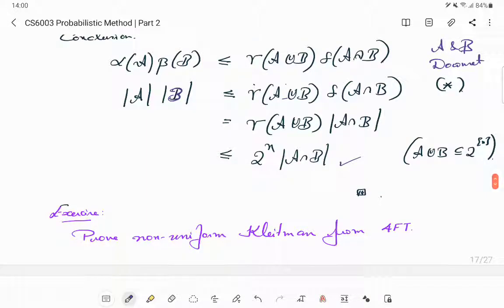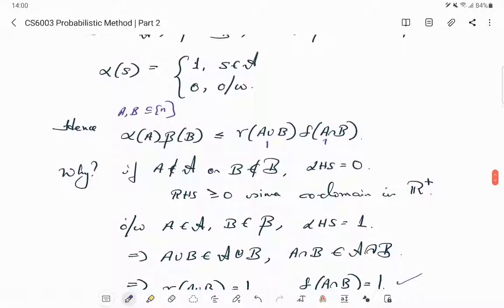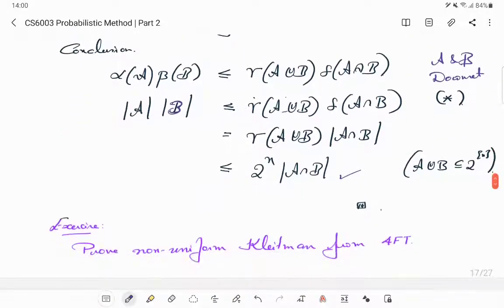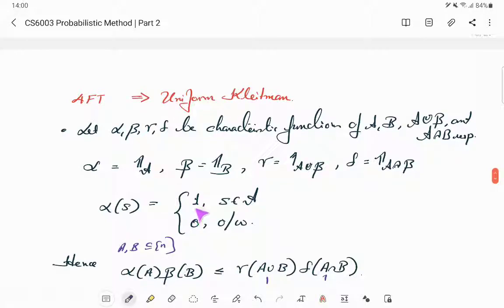Okay, so as an exercise, this is a slightly difficult exercise. You can prove the non-uniform Kleitman also using just the 4 functions theorem. If you are stuck on how to proceed, you can first try to define alpha of S, rather than being the characteristic function, to be 1 by 2 to the power n.